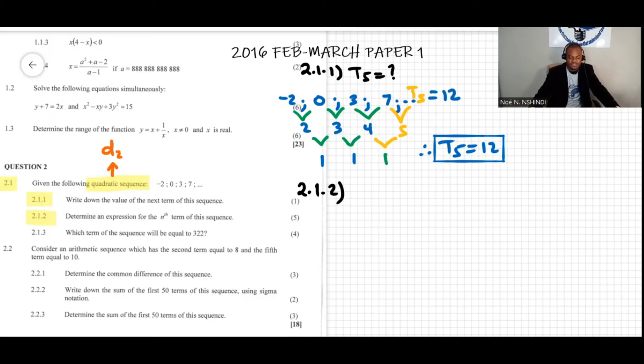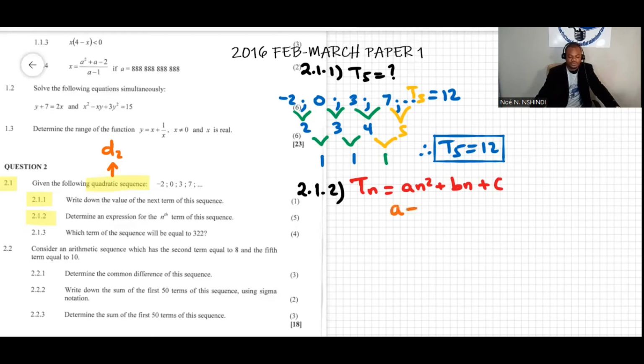First of all, the quadratic sequence is given by Tn equal to an squared plus bn plus c, where the second difference is equal to 2a. The other formulas, I'm gonna write them here.